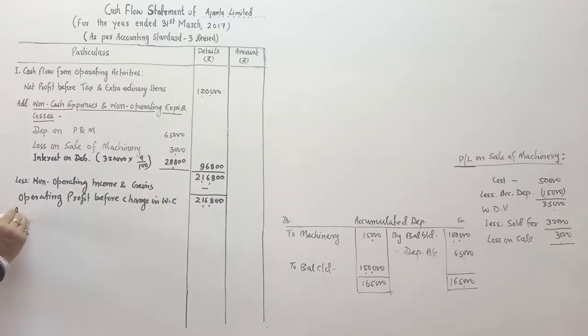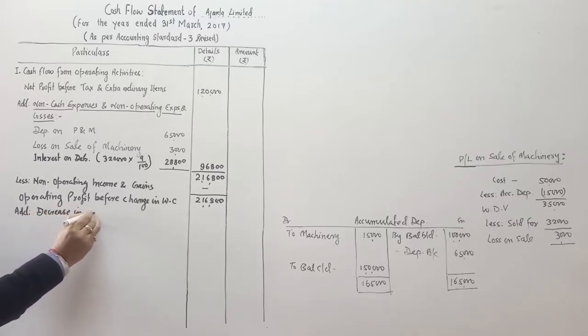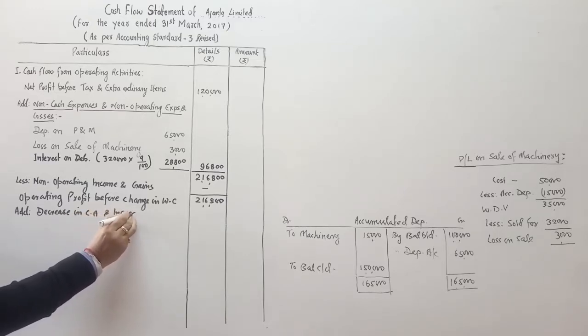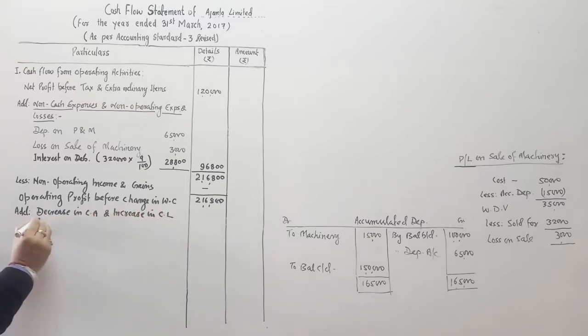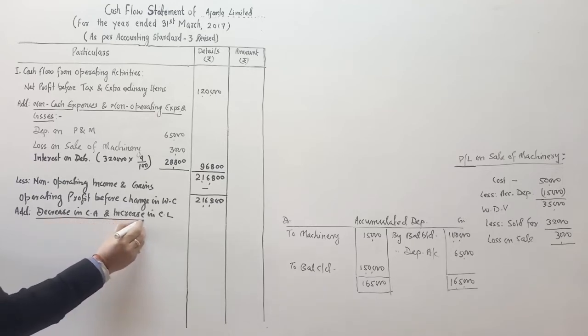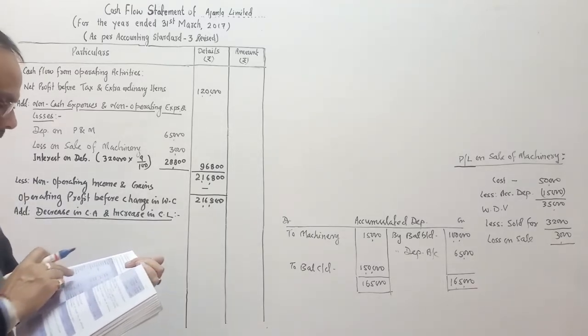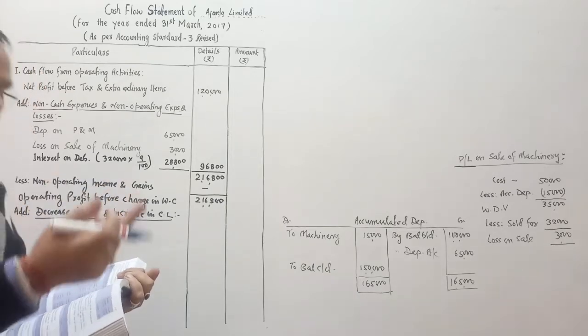Now you add decrease in current assets and increase in current liability. What we'll do? We will add decrease in current assets and increase in current liability. Now see trade payables, refer to note number 2.